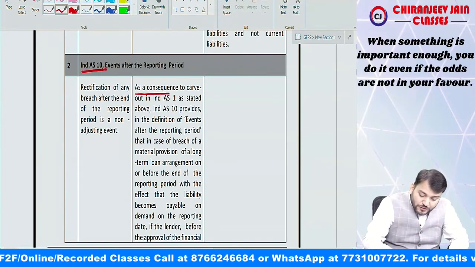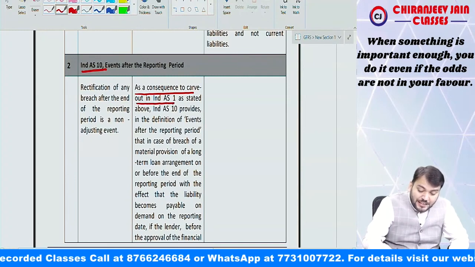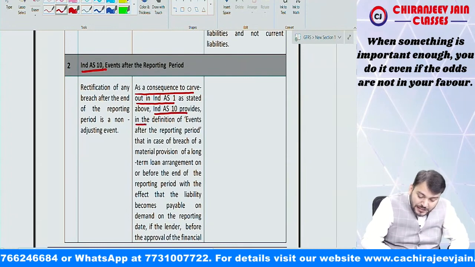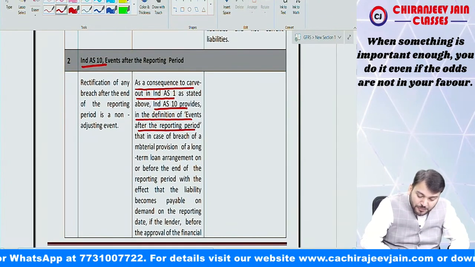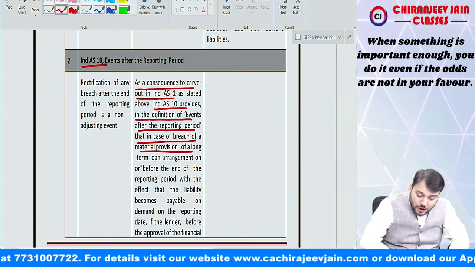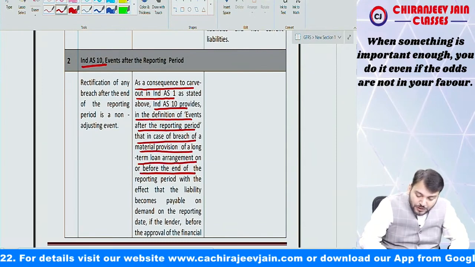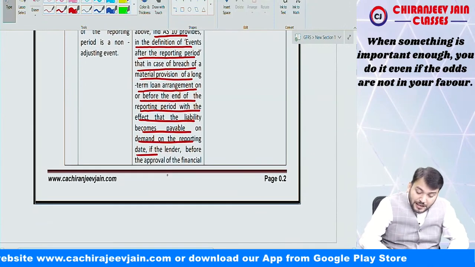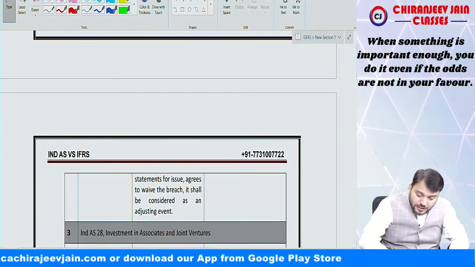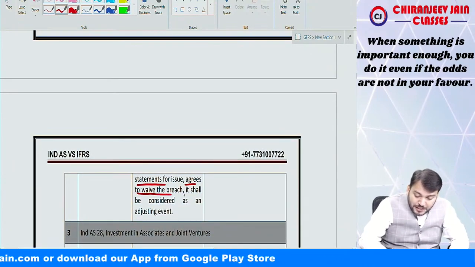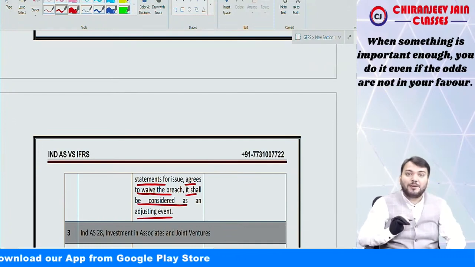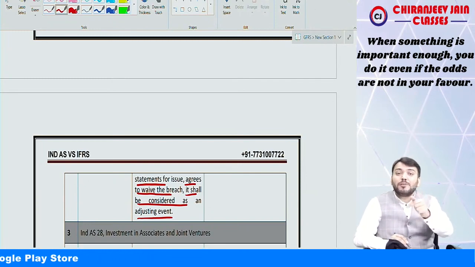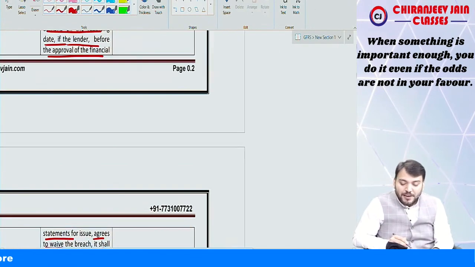As a consequence to the carve out under Ind AS 1 as stated above, Ind AS 10 provides, in the definition of events after the reporting period, that in case of breach of a material provision of a long-term loan arrangement on or before the end of the reporting period, with the effect that the liability becomes payable on demand on the reporting date, if the lender before the approval of the financial statements for issue agrees to waive the breach, it shall be considered as an adjusting event. It will not be classified as current liability.